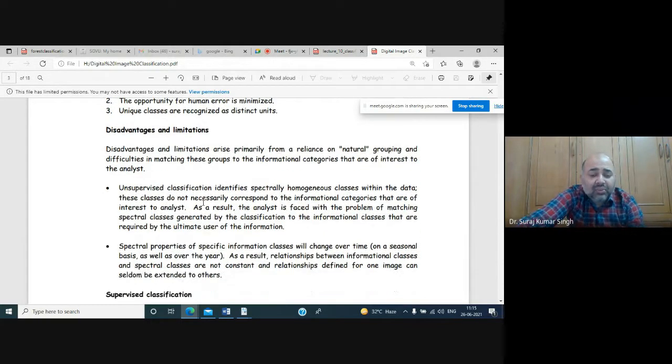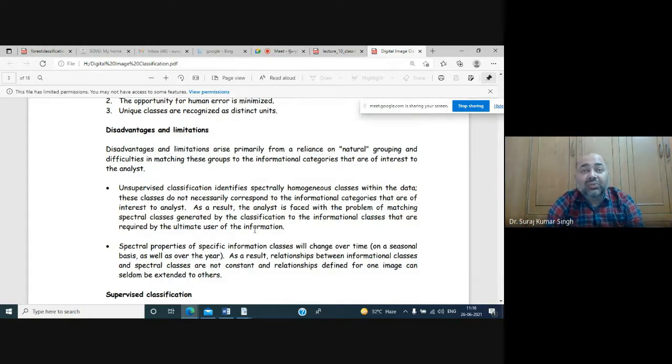Unsupervised classification identifies spectrally homogeneous classes within the data. These classes do not necessarily correspond to the informational categories that are of interest to the analyst. As a result, the analyst is faced with the problem of matching spectral classes generated by classification to the informational classes that are required by the ultimate user of the information.